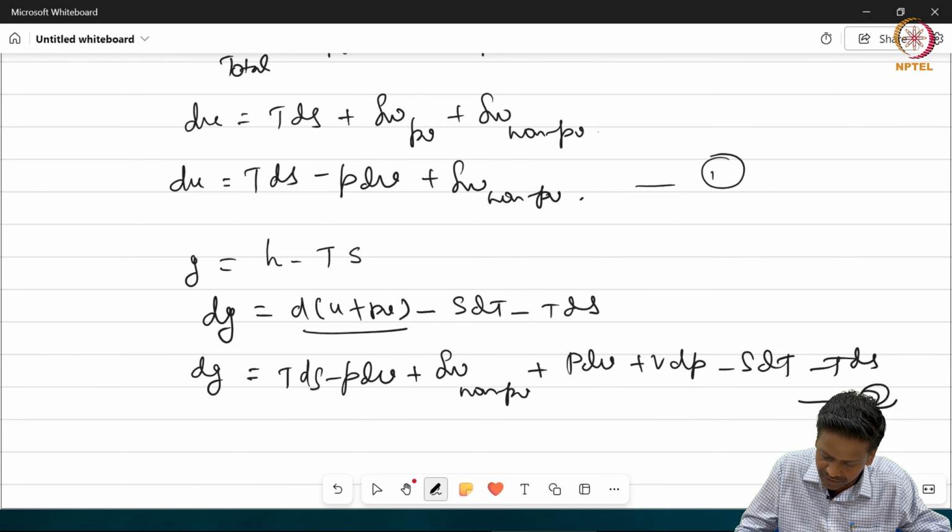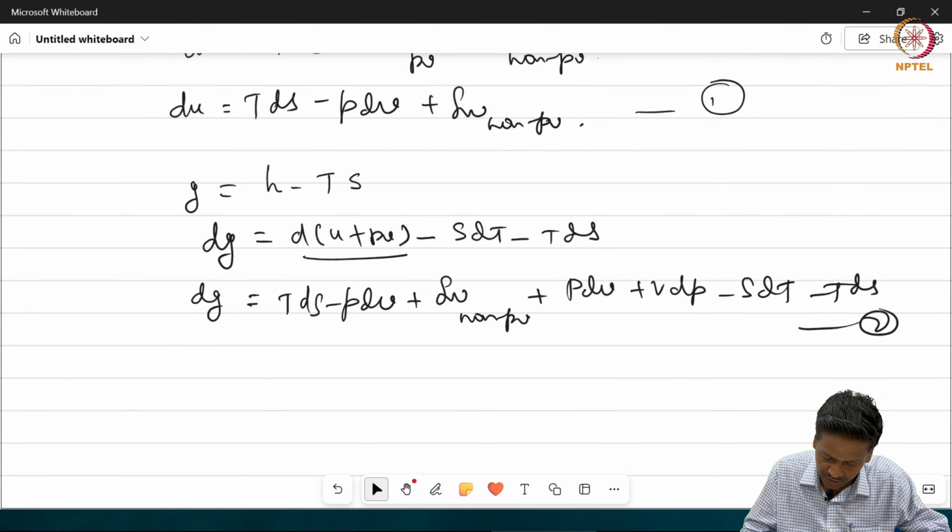So if we expand this equation, we get different terms like this.